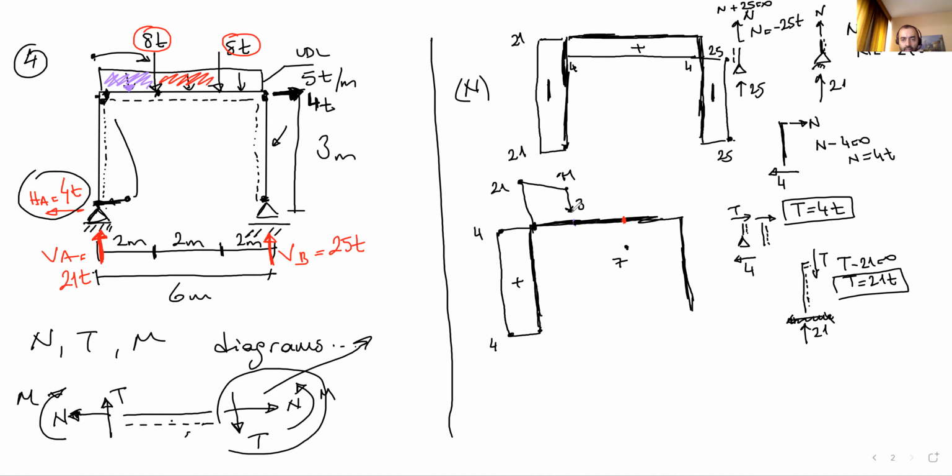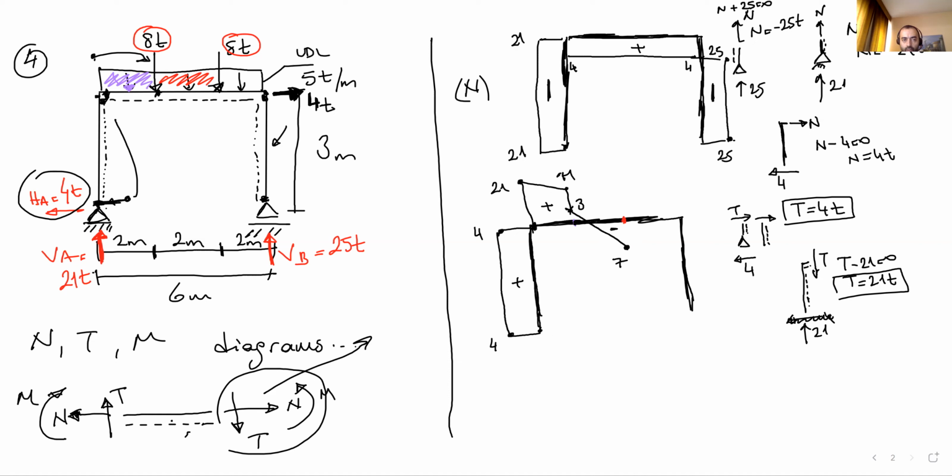We're going to connect them with a line. Okay, but this portion is negative and this portion is positive.